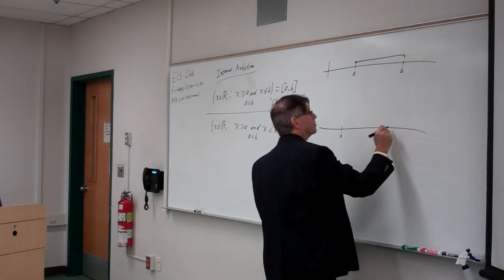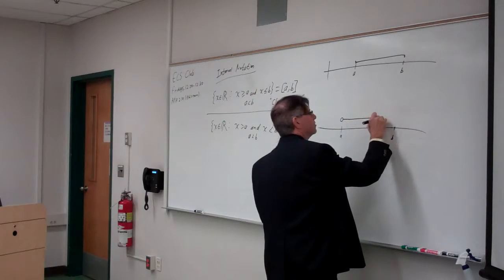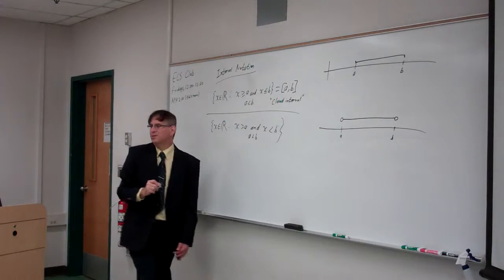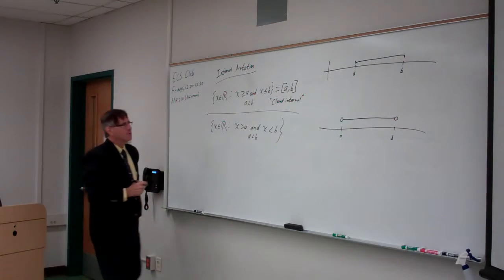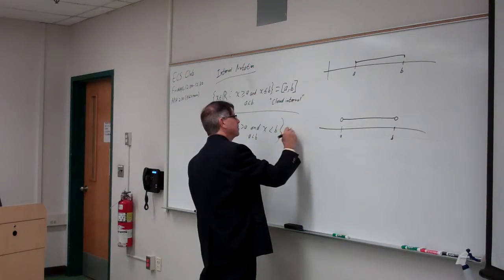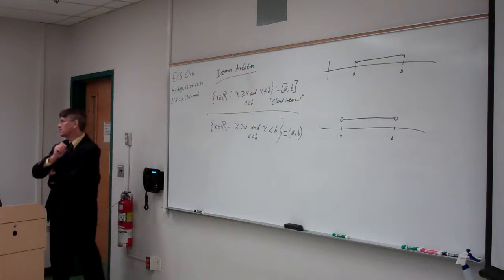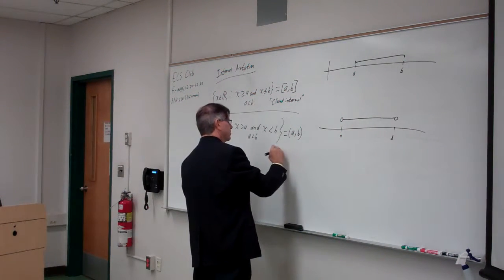So here's A, here's B, and typically this is drawn with a little circle around A and B to say those points aren't included in this line, but everything in between is. And we have a shorthand for that, which is A comma B with parentheses instead of brackets. And we call this an open interval.